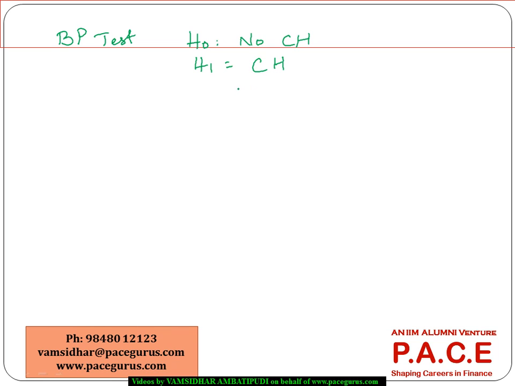So we test this by finding the R squared, with the squared residual error as the dependent variable and the independent variables. We take n times R squared, n being the number of observations, and look at the chi-square test with the number of independent variables as degrees of freedom. Based on that we conclude whether conditional heteroskedasticity is present in the data or not.